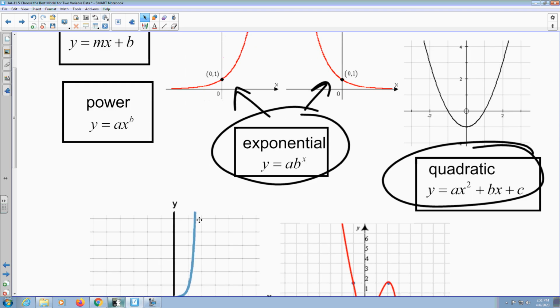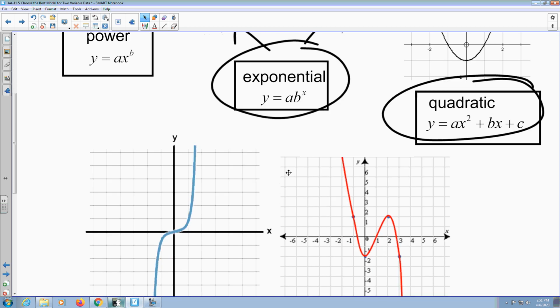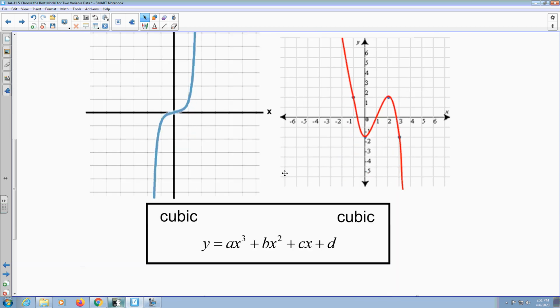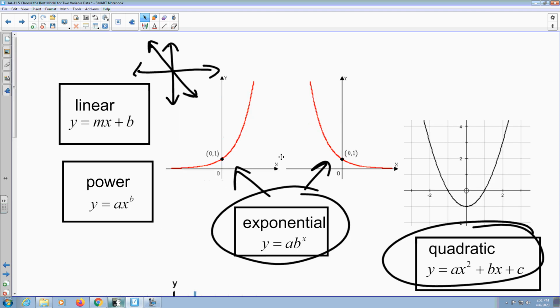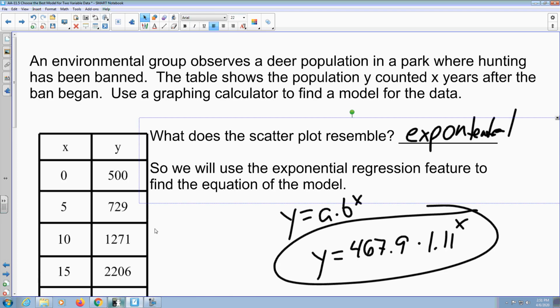The power equation is just being able to figure out how many exponents you need. And remember that your cubic equations could possibly look like this, or it could possibly look like that, depending on the data. So a lot of it is being able to take your own interpretations of the data and use that to your advantage to be able to find the correct equations.